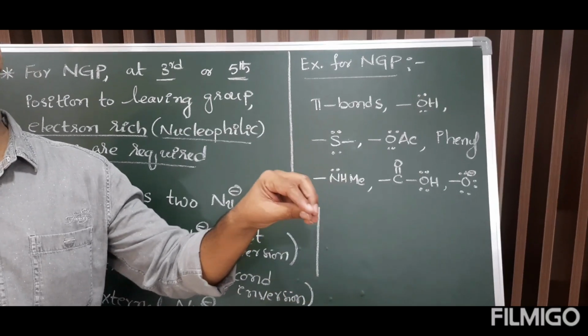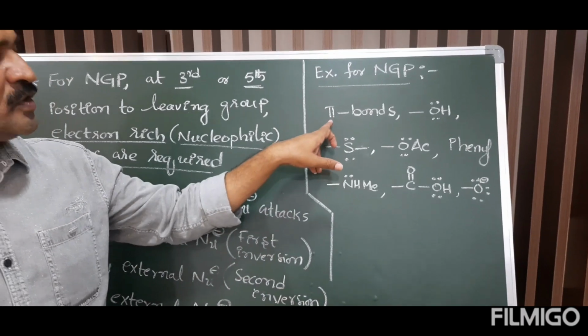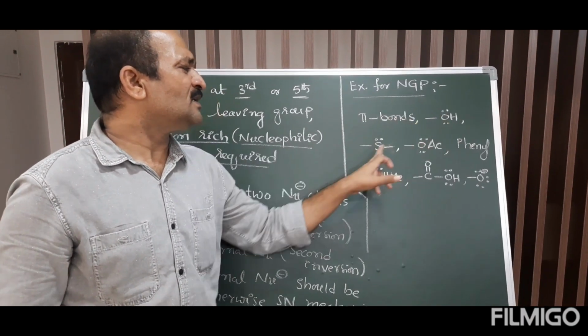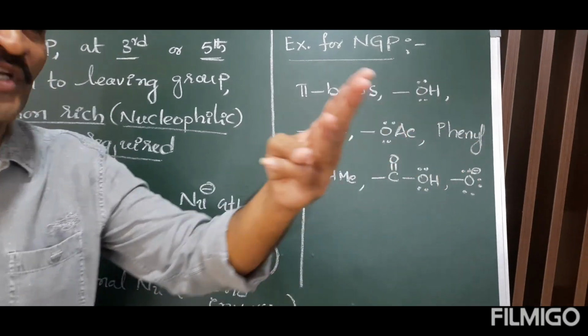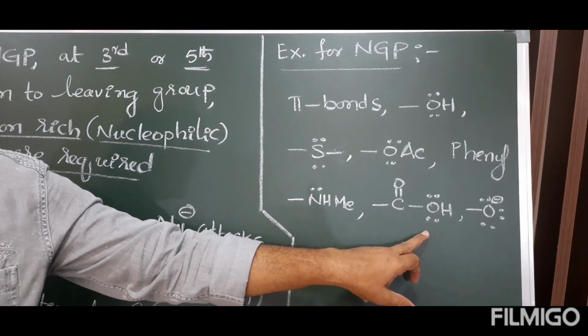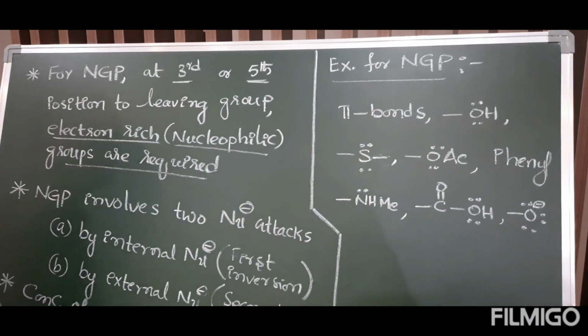Of course, if they are at the 4th and 6th, their chances are very, very less. Students, take a look. Pi bonds have electron density, OH has a lone pair, sulfur has a lone pair, and the acetate ion has a lone pair. The phenyl group has 3 pi bonds, NHMe has a lone pair, COOH has a lone pair, and O- has a lone pair. So this is all about NGP.